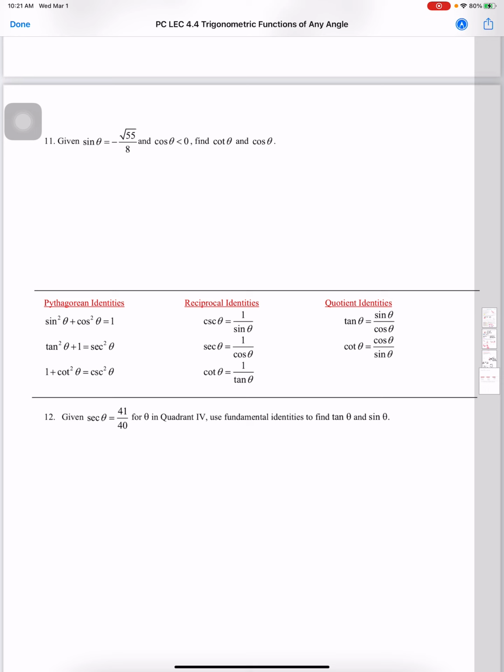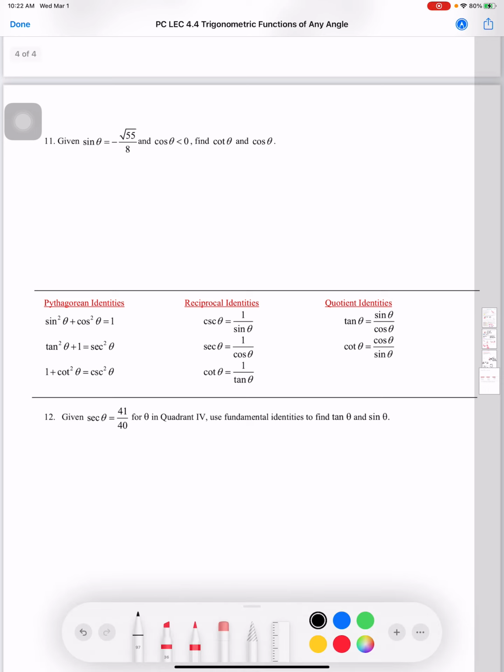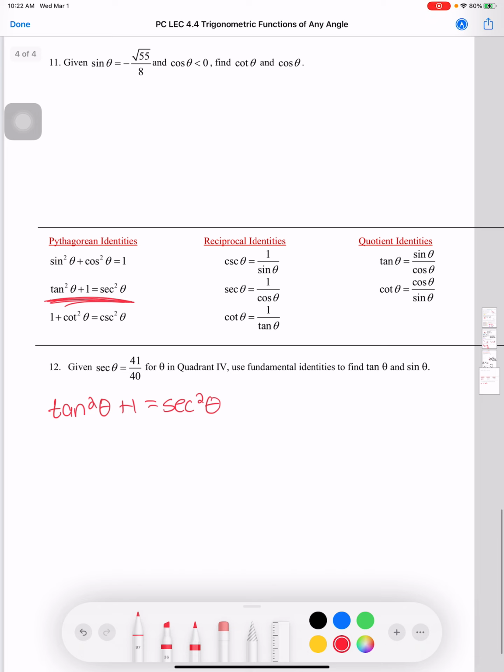I do have a relationship right there: tan squared theta plus 1 is equal to secant squared theta. So let's substitute what I have into that function.